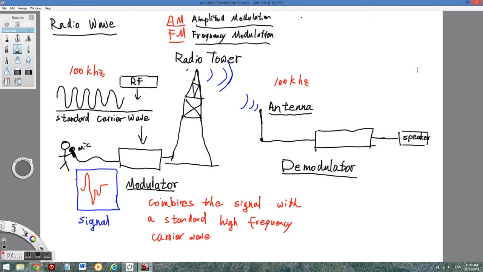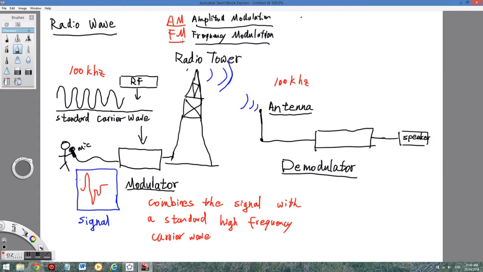Every time you turn the radio button in your car, you adjust the receiving frequency of the antenna. If the receiving frequency of the antenna matches the broadcasting channel frequency, you receive the modulated combined wave, the AM channels.